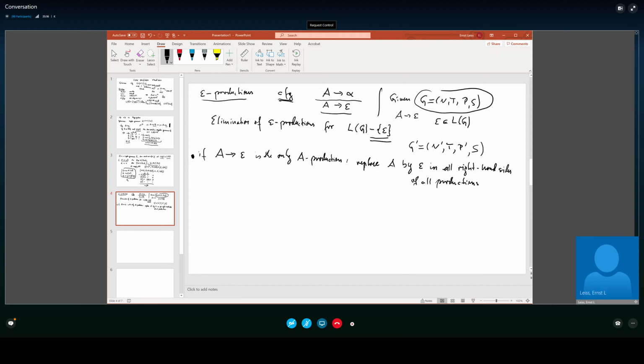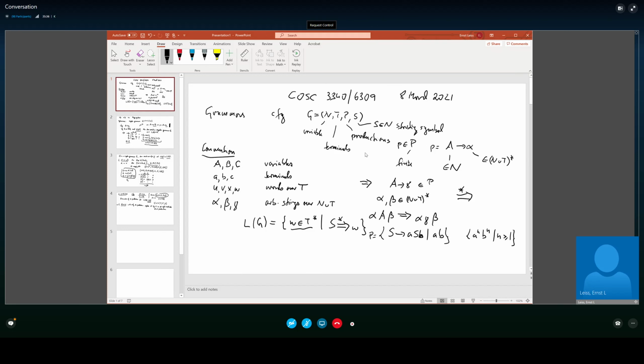That is not really very deep, because if the only thing we can do with A, capital A, is generate epsilon, and obviously we have to do that because clearly the language that we are interested in is the language of all words that can be derived from S that do not contain any variable.